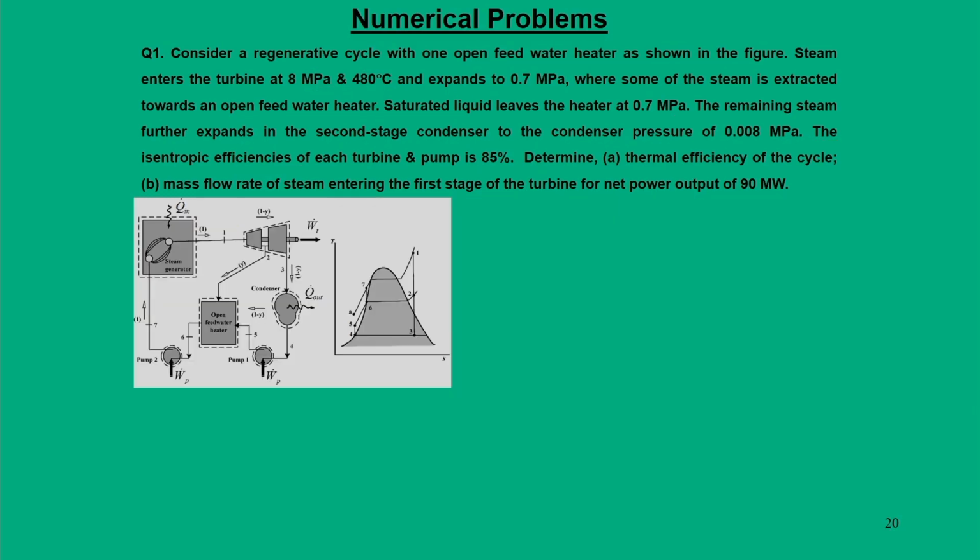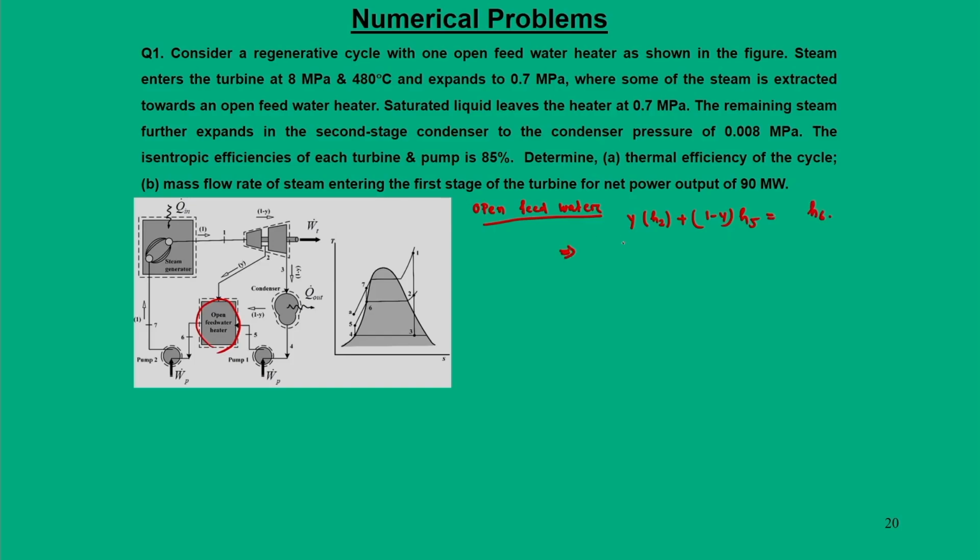Then let us try to find out the analysis for the open feed water heater. For the open feed water heater, we write this expression for this unit: y times H2 plus (1 minus y) times H5 is equal to H6.